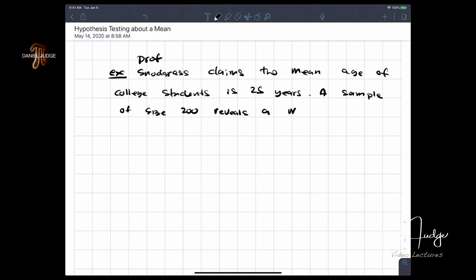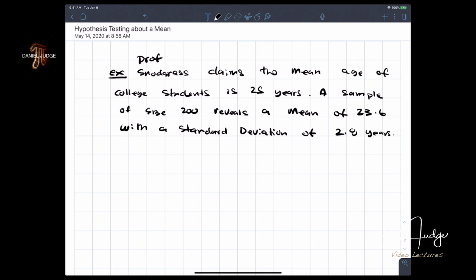Reveals a mean of, let's say, 23.6 with a standard deviation of maybe 2.8 years.